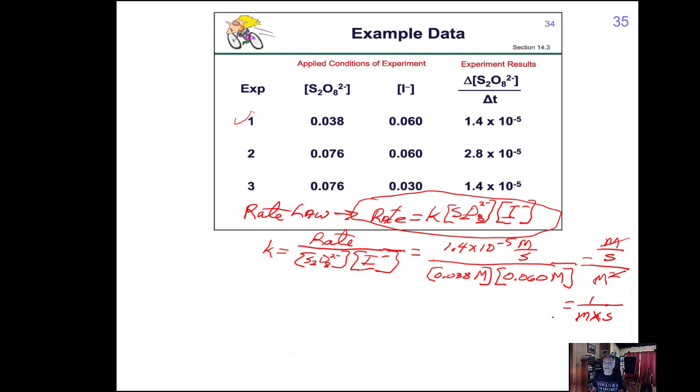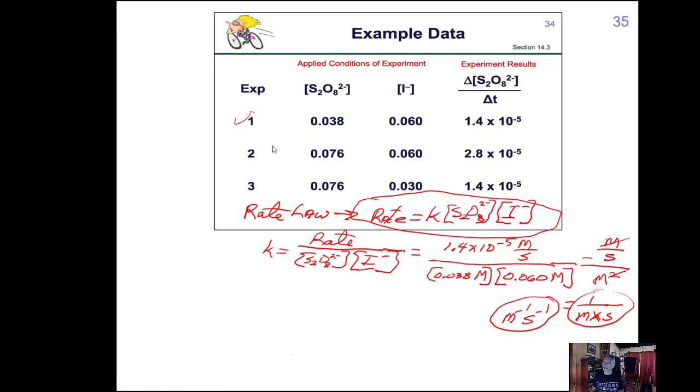Now, I can write this as molarity to the minus 1 seconds to the minus 1. These representations are equivalent ways to write exactly the same thing. And the only thing left is to go ahead and calculate my rate constant.